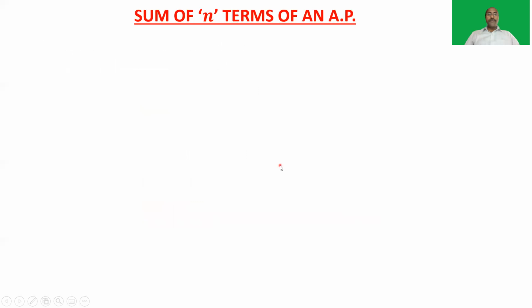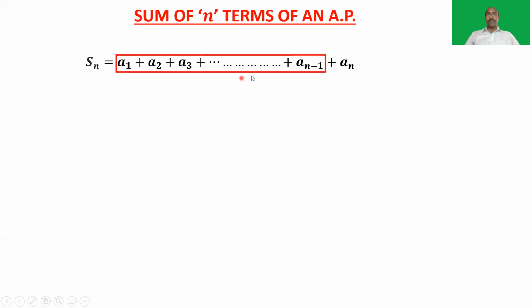And now we have Sn is equal to the sum of n terms, that is a1 plus a2 plus a3 up to an. And before an we have the (n minus 1)th term, that is a(n minus 1). As Sn denotes the sum of n terms, the sum of these n minus 1 terms is denoted by S(n minus 1).